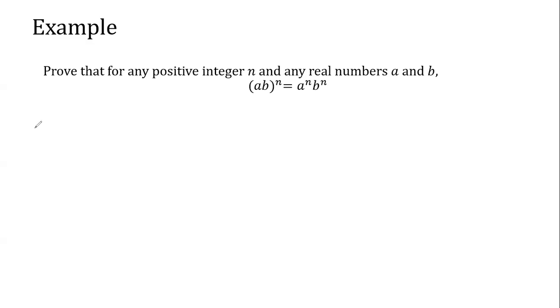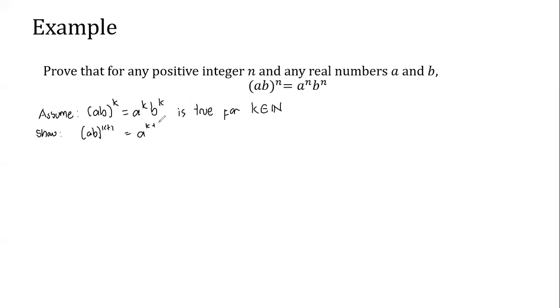Okay, so for our next step, i-assume natin that (ab) raised to k for positive integer k equals a raised to k, b raised to k is true, for k element of N. And we have to show that (ab) raised to k plus 1 is equal to a raised to k plus 1, b raised to k plus 1 is also true.